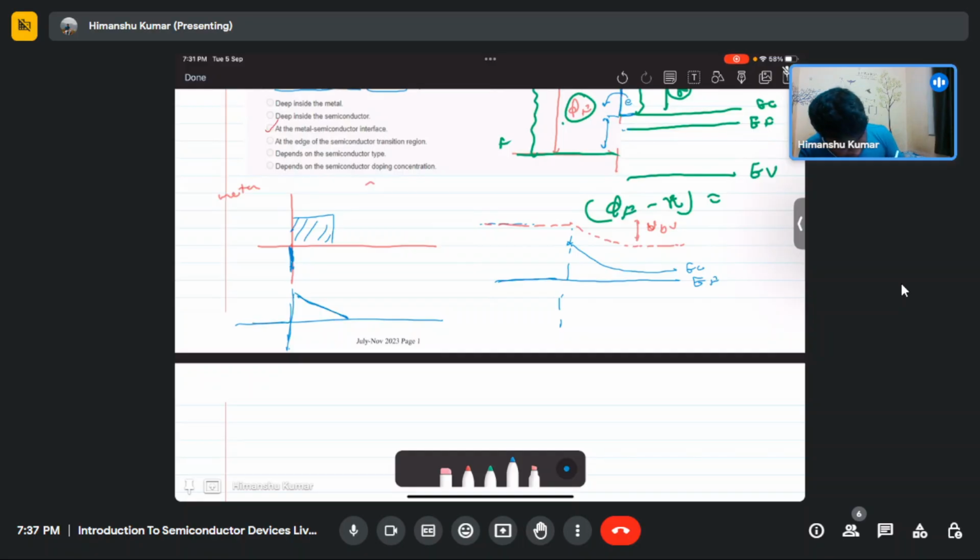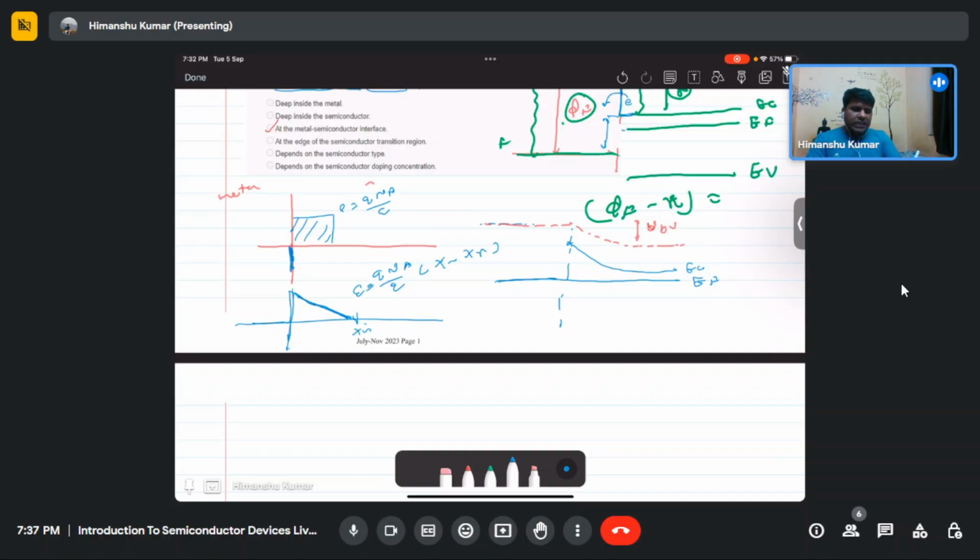Here it will be zero, here there will be a sudden jump, and deep within it will be zero, and here it will be like this, because the charge density rho is q N_A by epsilon. So we can write the field as q N_A by epsilon times (x minus x_n). If this is x_n, then we can write this. So this is the electric field.